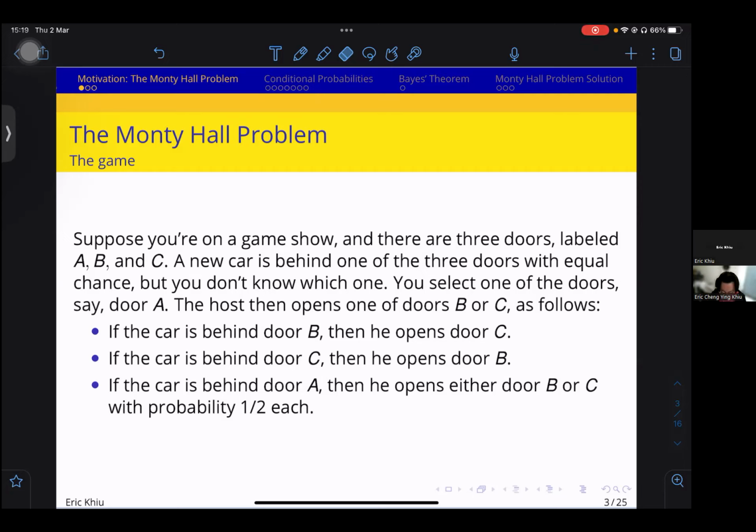So for example, if you pick door A, if the car is behind door B, then the host will open door C. And if the car is behind door C, because you pick door A, the host can't open A or C, the host can only open door B. If you pick door A and the car is behind door A, the host can open either door B or C with 50-50 chance. Okay, so this is the setup of the Monty Hall problem.